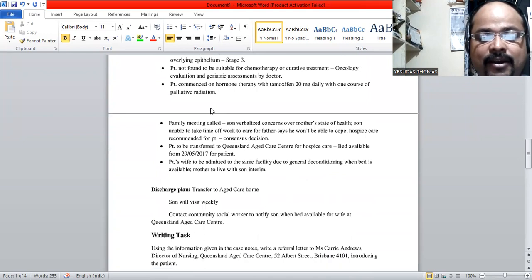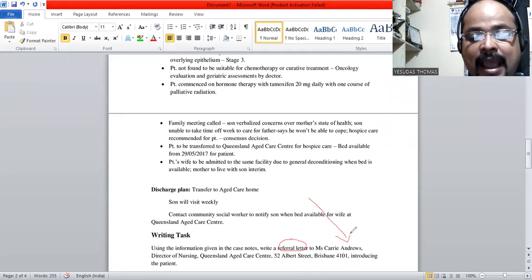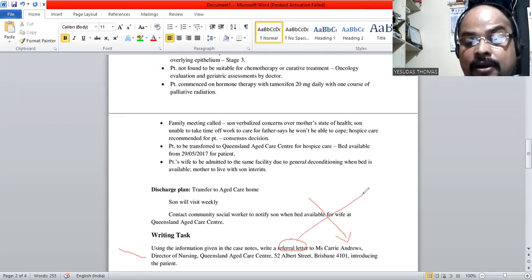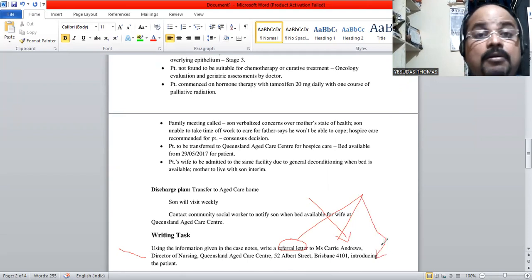What we have here is a referral letter. You have to write a referral letter to Miss Carrie Andrews, Director of Nursing, Queensland Aged Care Center, Albert Street, Brisbane, introducing Mr. Anthony Nutt.